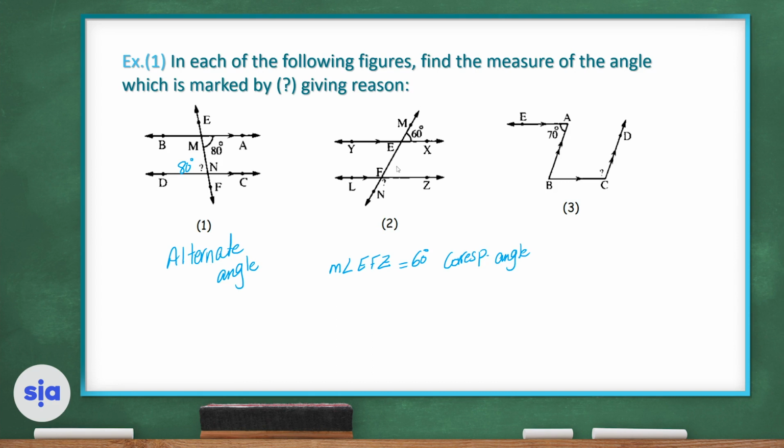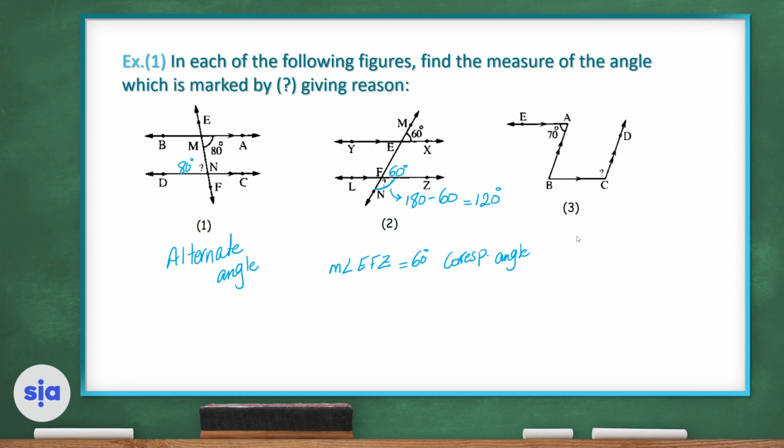So this one is 60 degrees because it corresponds to angle MEX. So this angle, which is labeled by the question mark, its measure is 180 take away the 60, so it is 120 degrees.